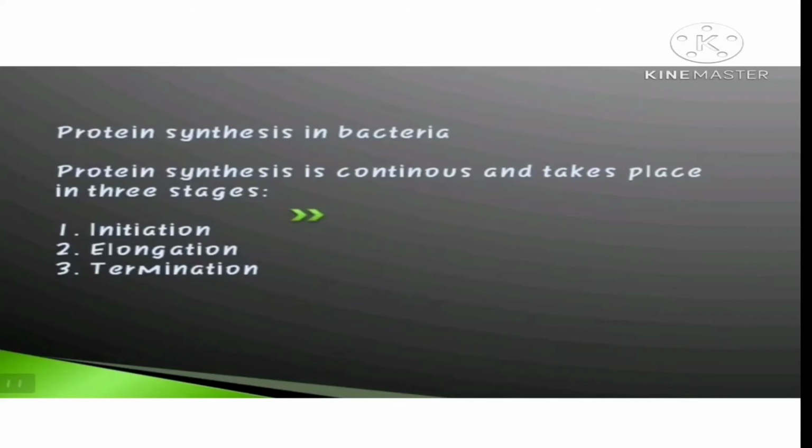Mo-attach ang large ribosomal subunits. Remember, the large and small subunits, duha to sila nag-separate with the help of initiator factors. So, mobalik to siya attach ang kadtong mga initiator factors. For example, ang kadtong tRNA na attach to siya sa strand delgado with the help of the initiator factor IF2.